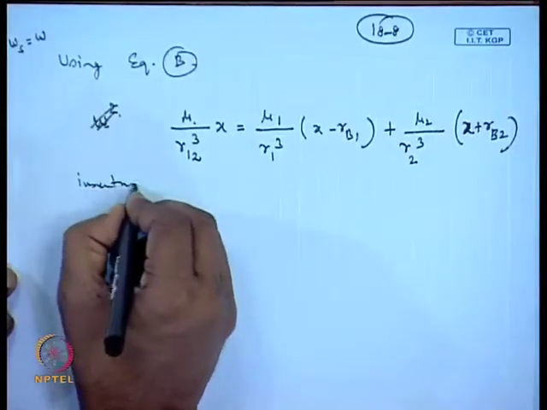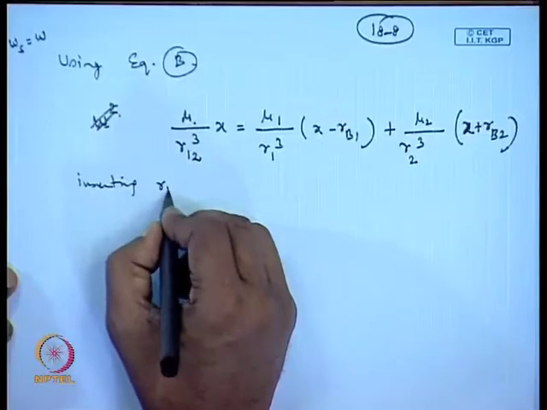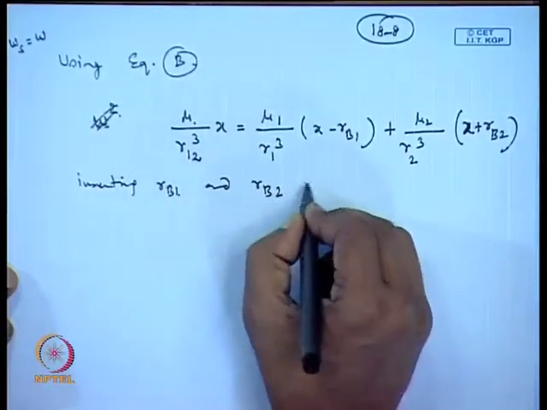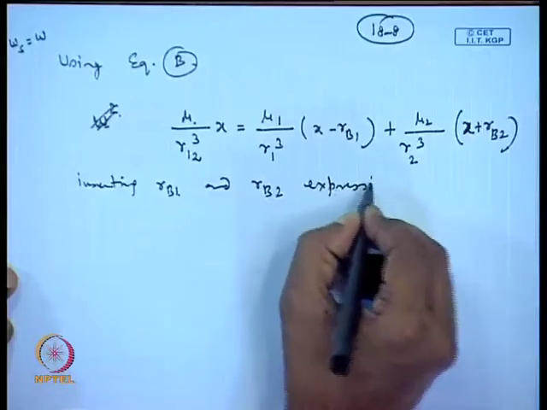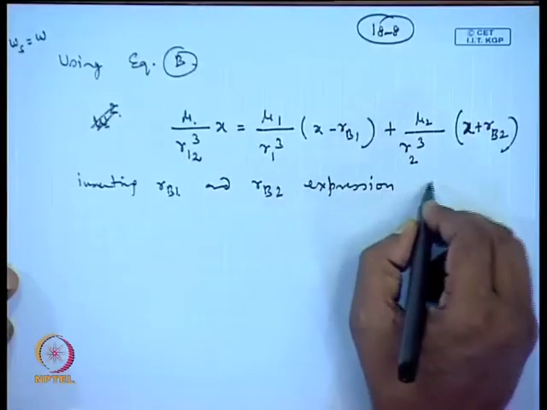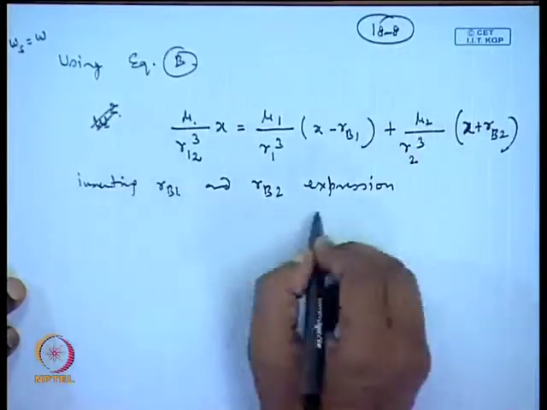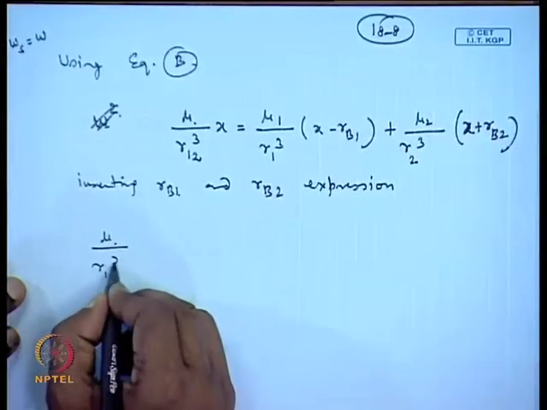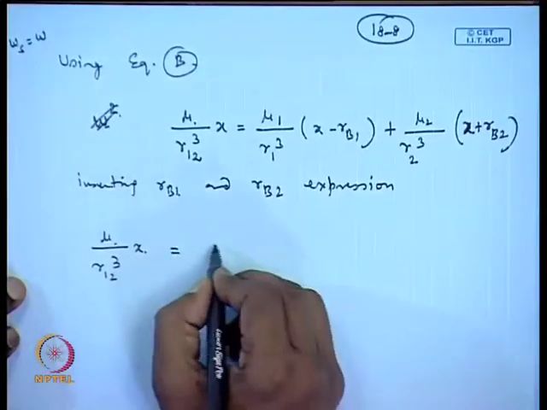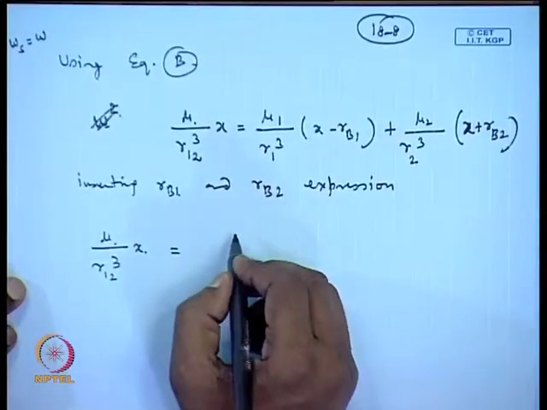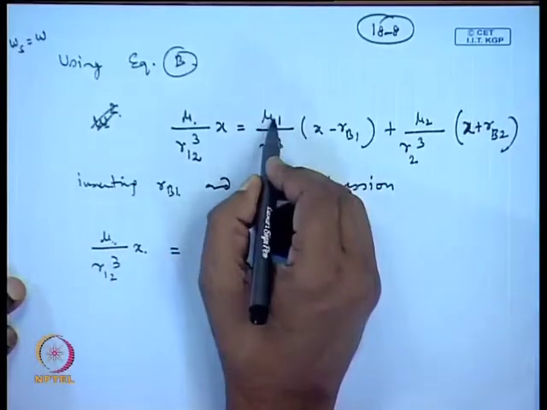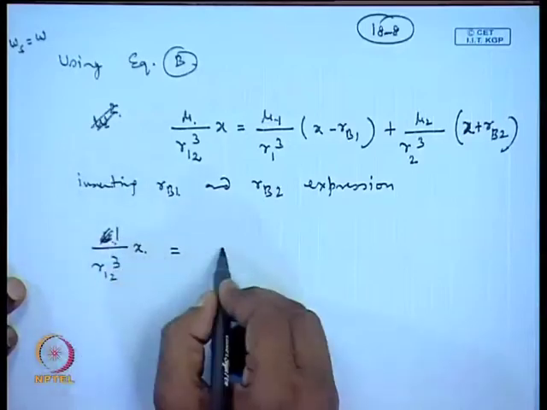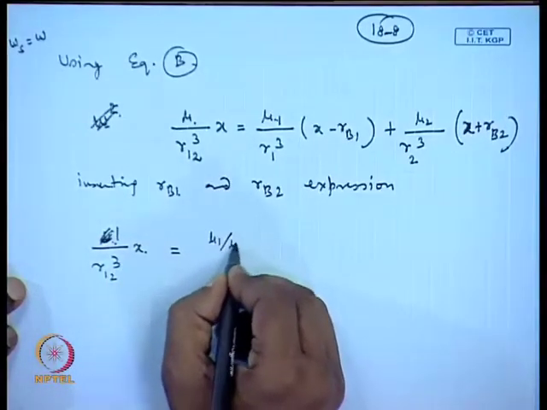So, inserting the Rb1 and Rb2 expressions, we have mu by r12 whole cube times x equal to, now mu1 is available, so we can bring this mu from here to the right-hand side and write this as mu1 by mu.